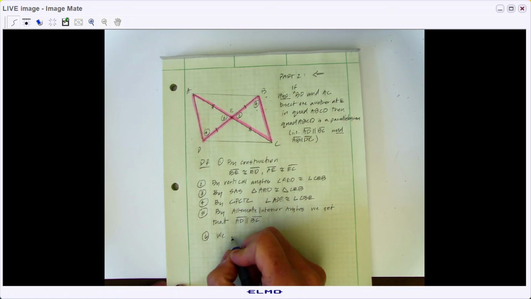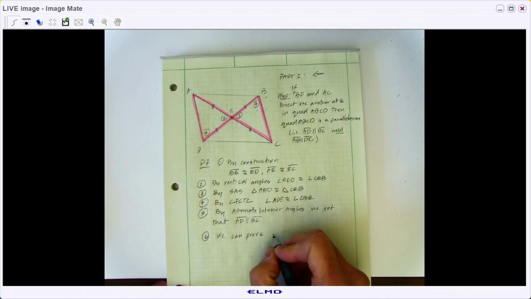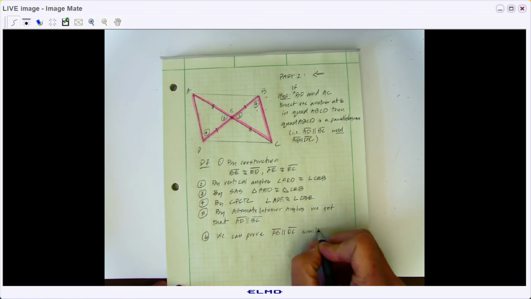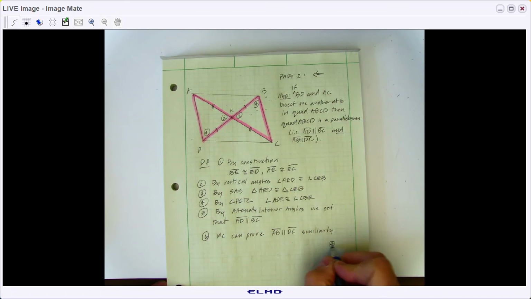I would just say we can prove that AB is parallel to DC similarly. So I think that does it. Kind of a little bit less work on the converse than on the forward direction. Here we get a simple side angle side argument that gives congruent triangles, and then an alternate interior angle argument that gives parallel sides.